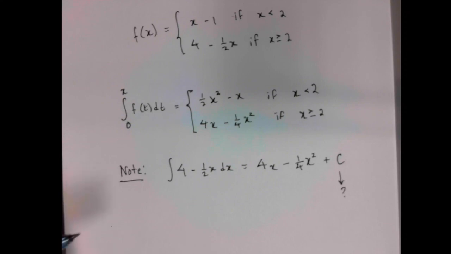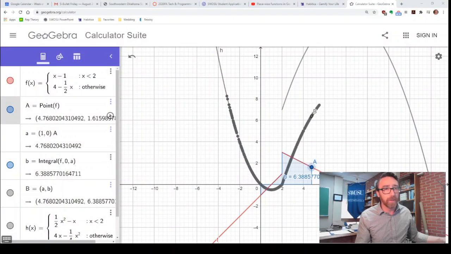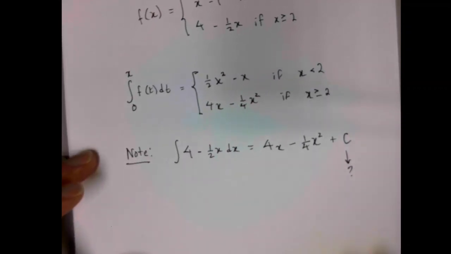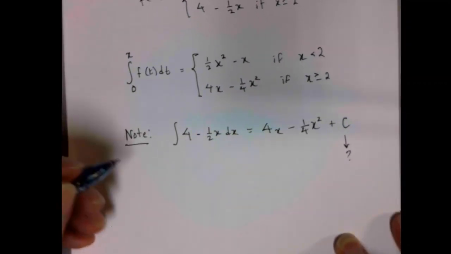I want to choose a value of c over here that makes this part of the curve match this part of the curve right here. In other words, I want to lower it down a little bit. So let me show you how we can figure out what value c should take on.